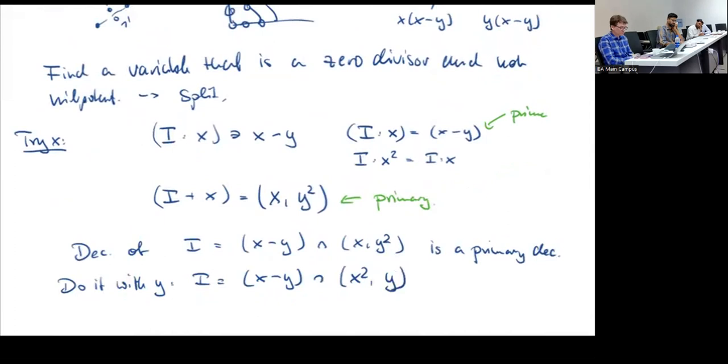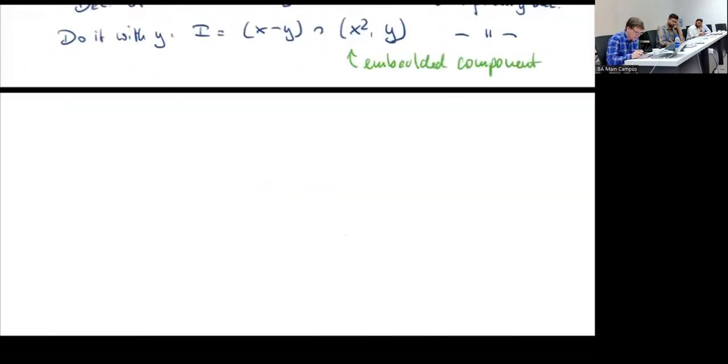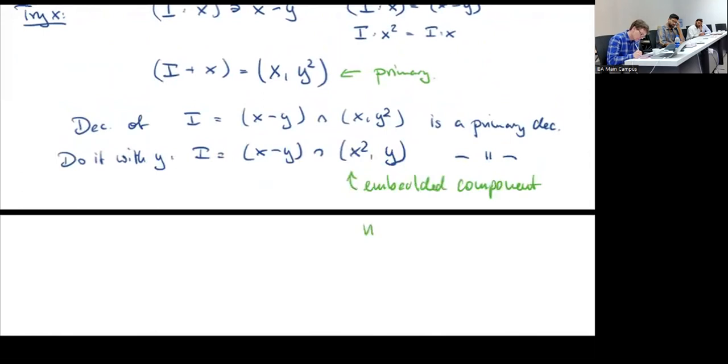This is also a primary decomposition. So this is a general phenomenon. This is called an embedded component, and those need not be unique. I mean that they're not unique.